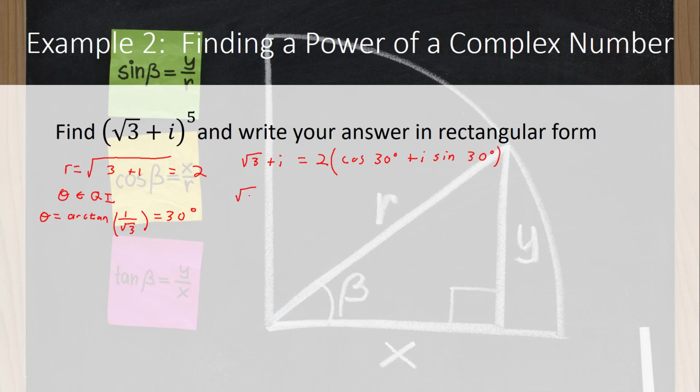Okay, and then by de Moivre's theorem, we will have that root 3 plus i raised to the fifth power is going to be equal to 2 to the fifth power, which is 32, times cosine of 5 times 30 degrees plus i sine of 5 times 30 degrees.